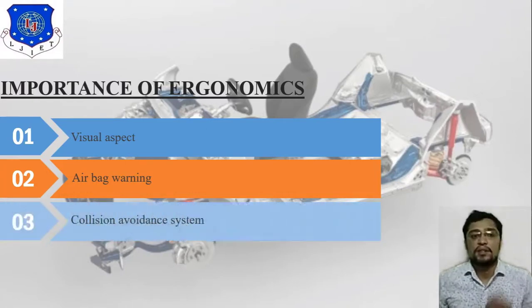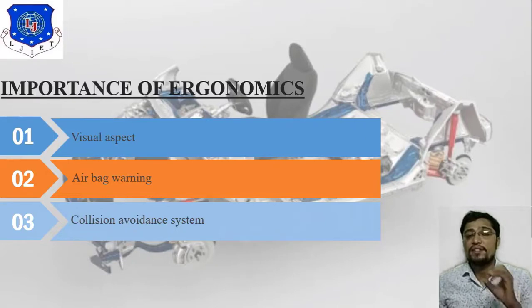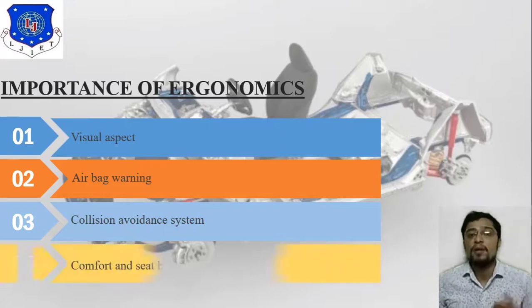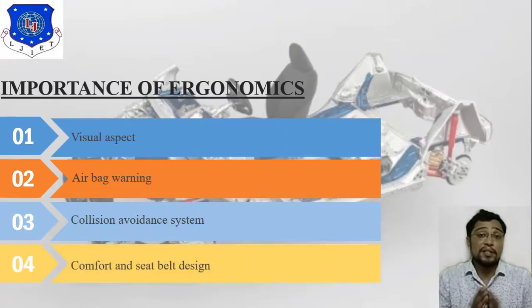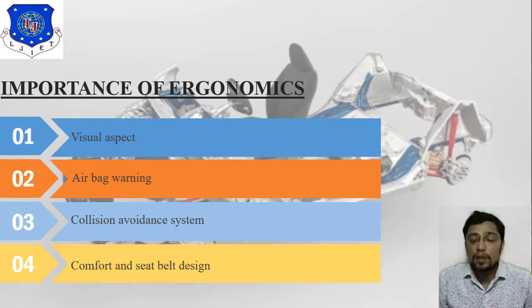Third is the collision avoidance system, which you can find in a car. Fourth is comfort and seat belt design. Reachability to all controls plays a very important role in comfort and seat belt design.